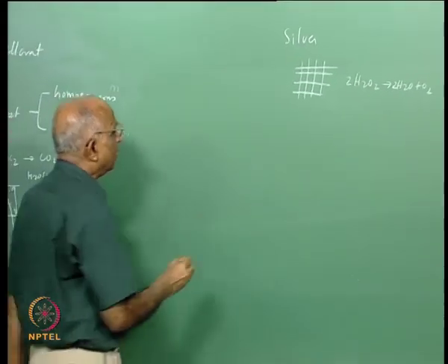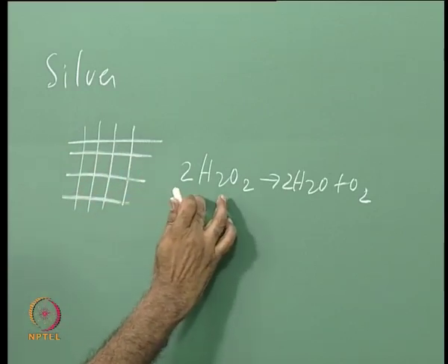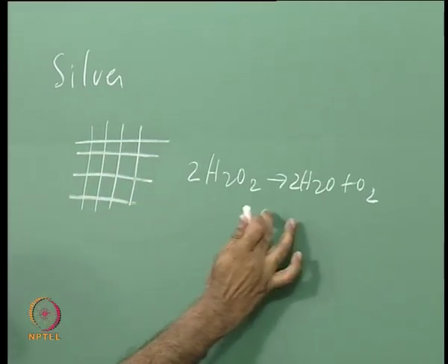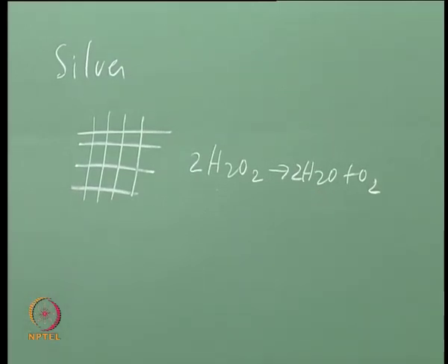Similarly, the silver is heterogeneous because it is a solid, and it catalyzes liquid hydrogen peroxide into two gases, steam and oxygen.